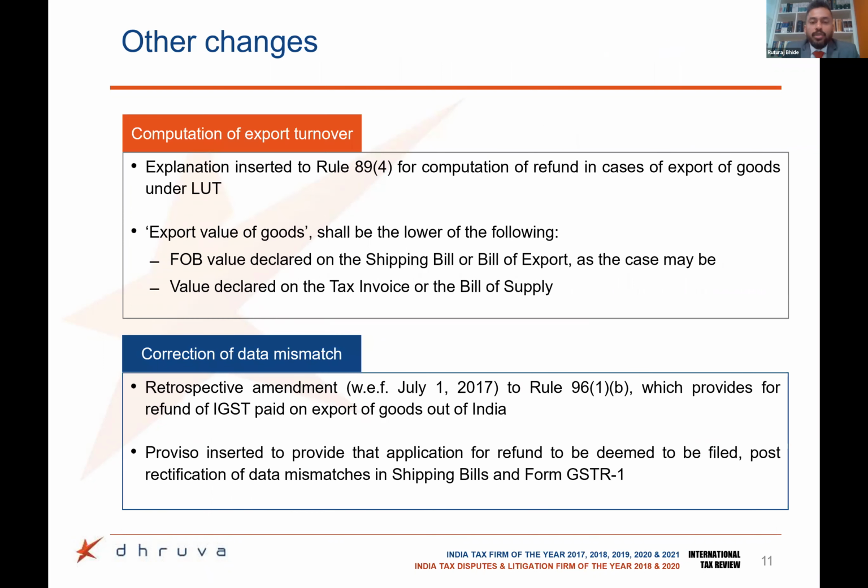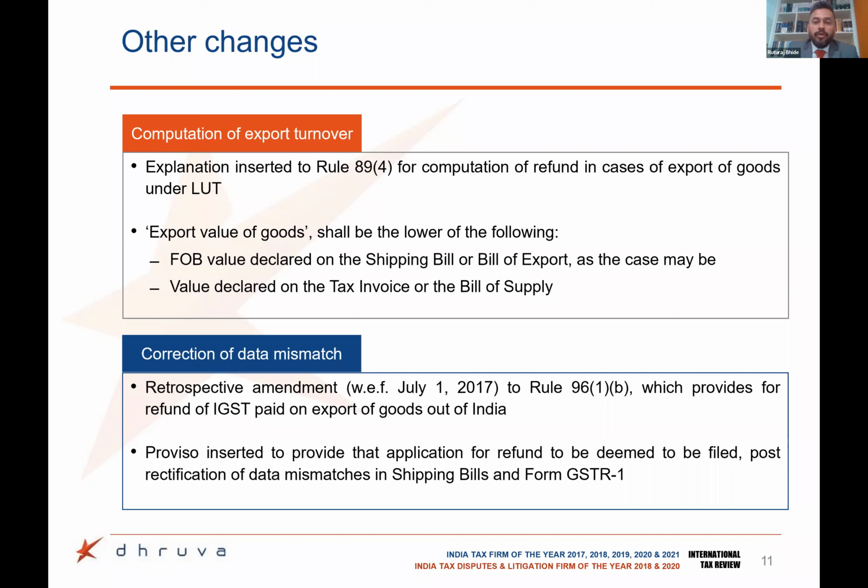Moving to the next changes, there is one important amendment which has been brought in in the form of an explanation. It relates to the export value, or value of export, for purposes of ITC refund. What the amendment suggests is that when you're claiming refund of ITC and computing the value of export, you need to consider the lower of two values: A, the value mentioned on the shipping bill, and B, the value mentioned on your export invoice.